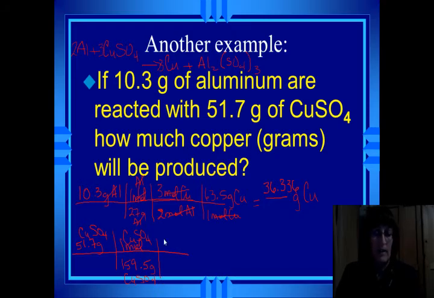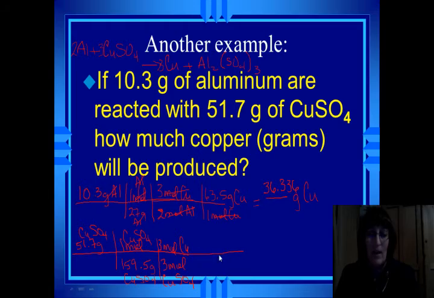I know, it's ugly. Alright, so now I need to change from moles of CuSO4 to moles of copper. So for every 3 moles of CuSO4, how many moles of copper do we have? Ooh, 3 moles of copper.